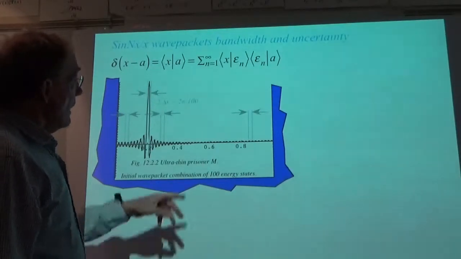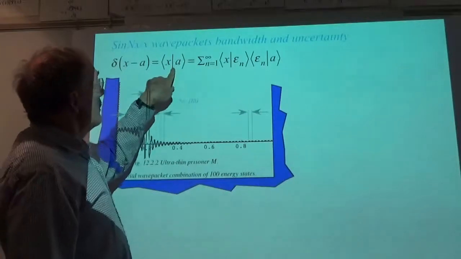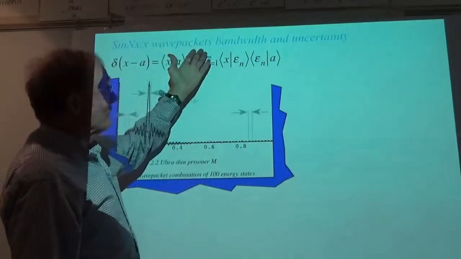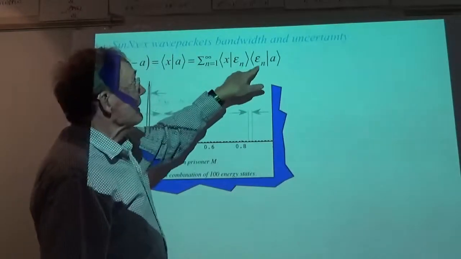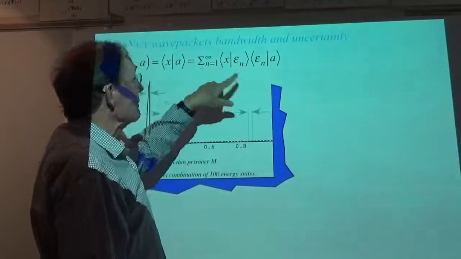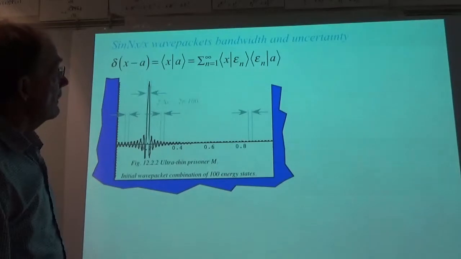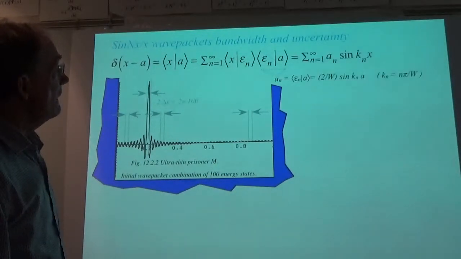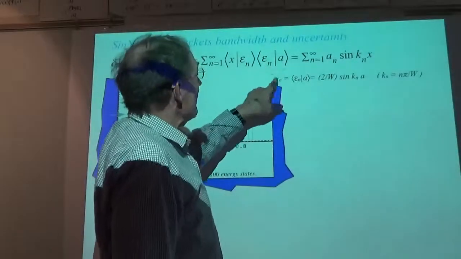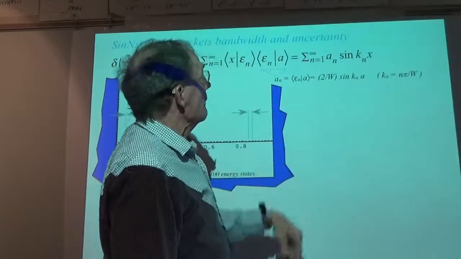I'm going to use the completeness relation and stick 1 between x and a. The sum over n to infinity in this case would be the bras, which gives a completeness relation. Now, this thing right here is just the wave function sine k over a.